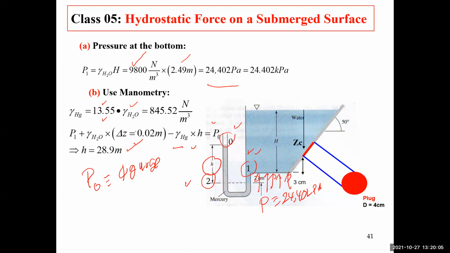Applying manometry, then I can find the value of H on my manometer. A manometer is used to measure a pressure differential. Whenever I see a manometer in the problem, I must always be thinking I am required to combine the use of my manometer with anything else I'm trying to find.